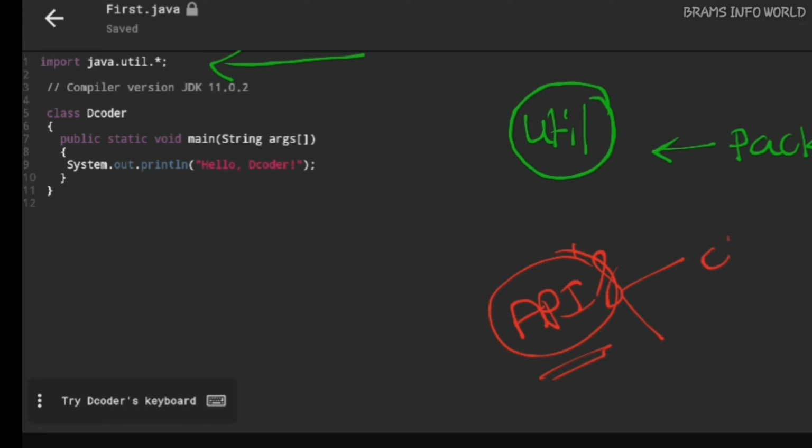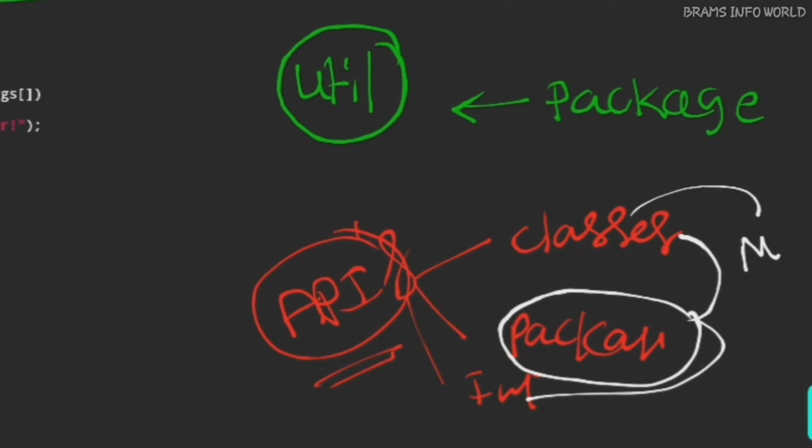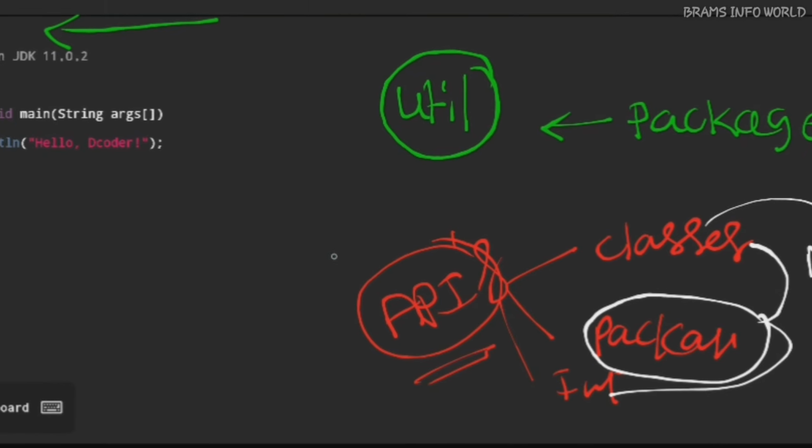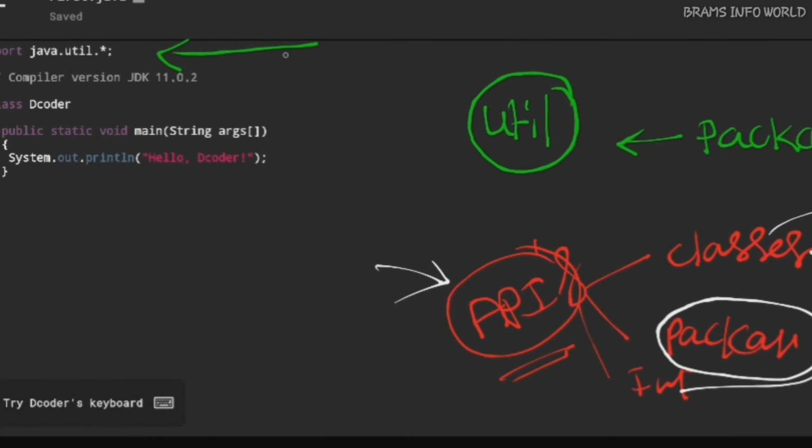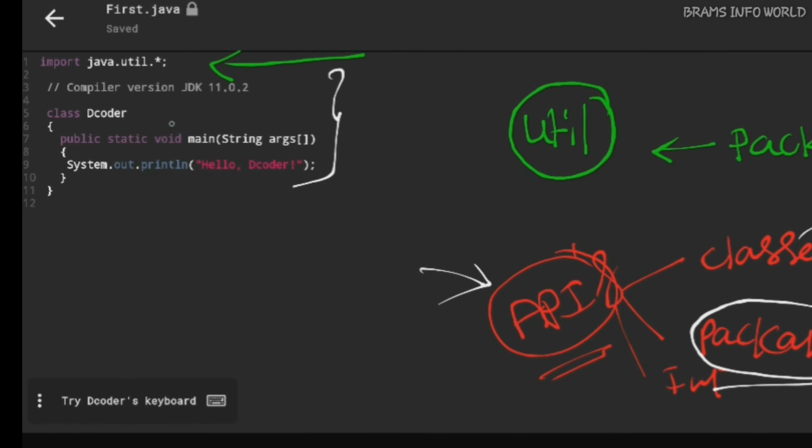APIs means a number of classes, packages and interfaces. So simply we can say it is a collection of packages. These packages contain classes, interfaces, and methods. With the help of APIs, we are going to write a program. Util is one of the packages, but this util is not used in this program.